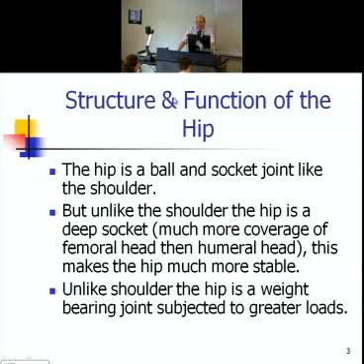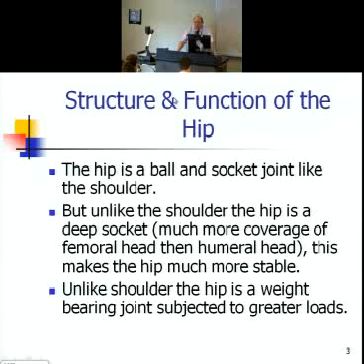So because there's greater coverage of the ball in the hip, there's a tendency to have much fewer dislocations of the hip. So we don't tend to see as many dislocations of the hip as we do in the shoulder. However, there's a compromise there.